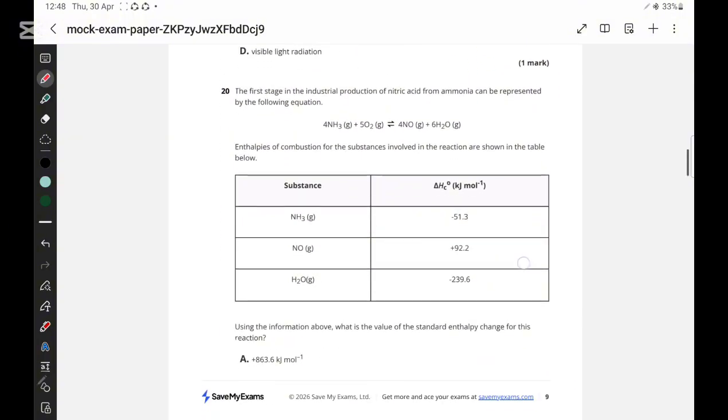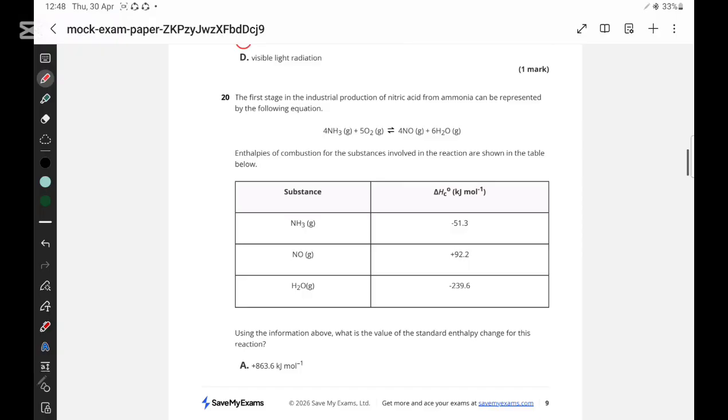Next question. The first stage in the industrial production of nitric acid from ammonia can be represented by the following reaction. Enthalpies of combustion of the substances involved in the reactions are given below. Use the information above. What is the value of standard enthalpy change for the reaction? The enthalpy of reaction formula is the summation of enthalpy of combustion of reactants minus the summation of enthalpy of combustion of products.